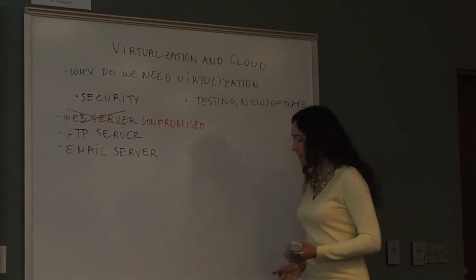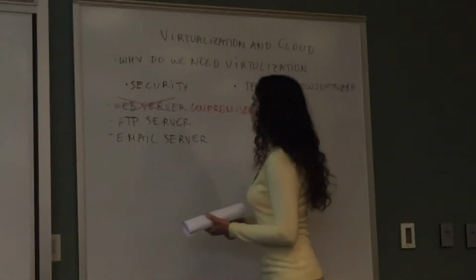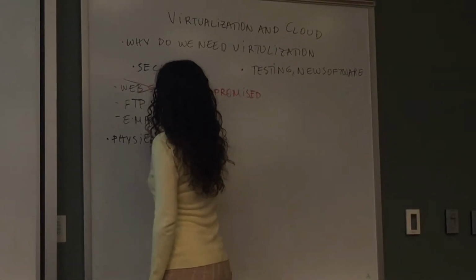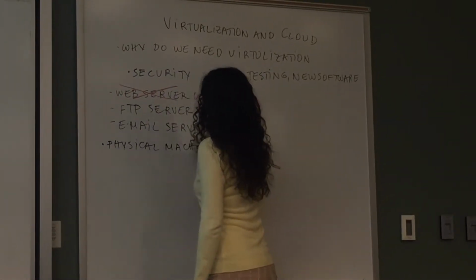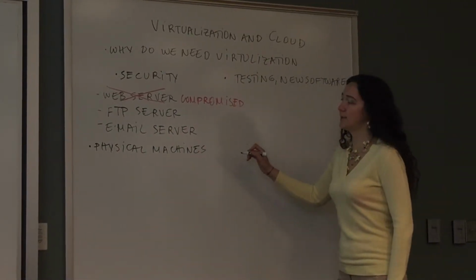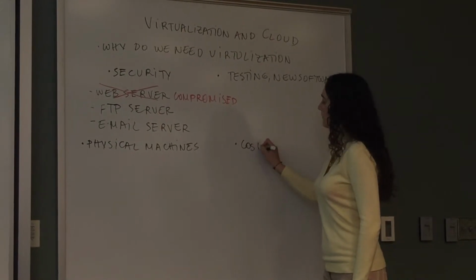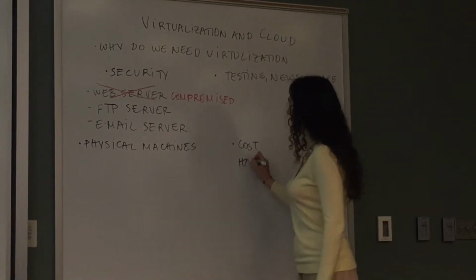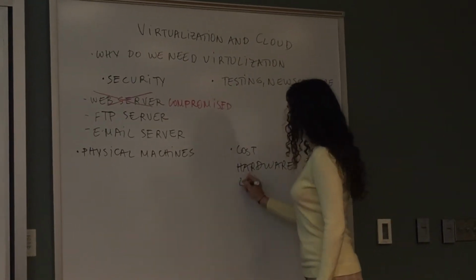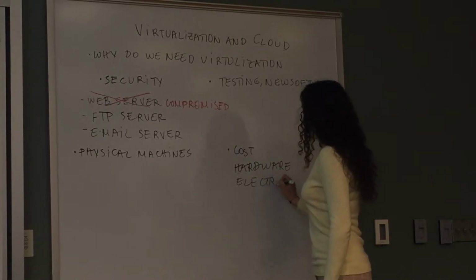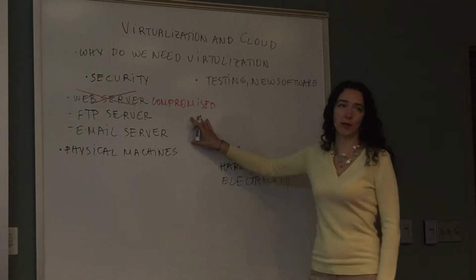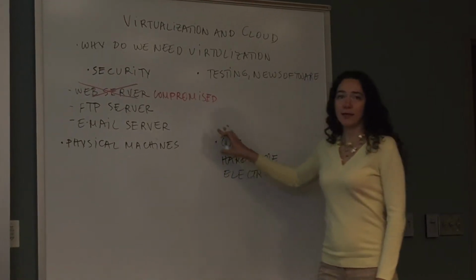Now, if we have to implement this with physical machines, then we have to spend money for hardware, right? And possibly for electricity, because imagine if this is a huge company like Amazon or Google or Microsoft or somebody else.